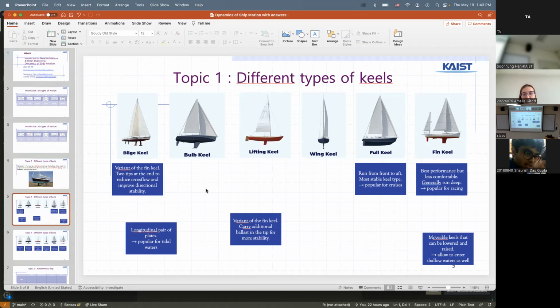Well, I think the wing keel is actually the variant of the fin keel with two tips. The one you placed for the bilge keel might actually be the one for the wing keel. I'm sorry, it's very, very hard to hear everyone's sentences.